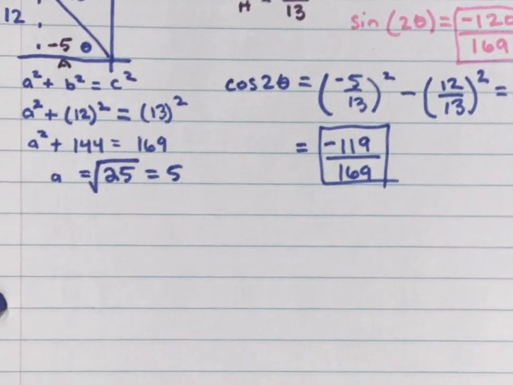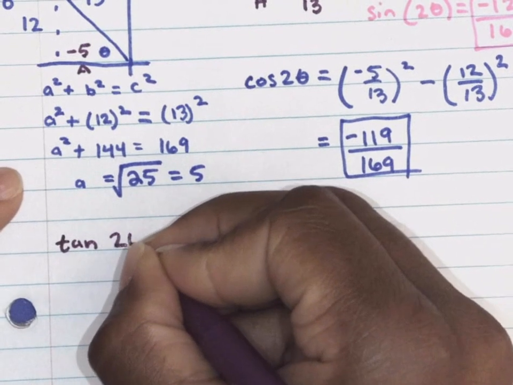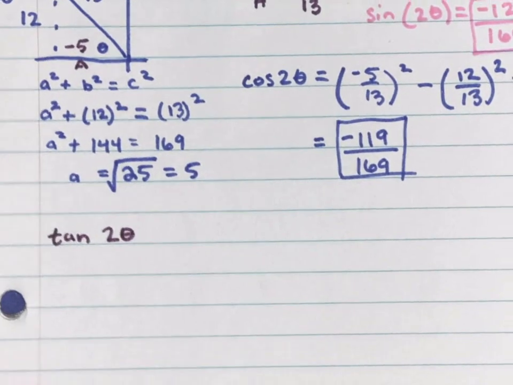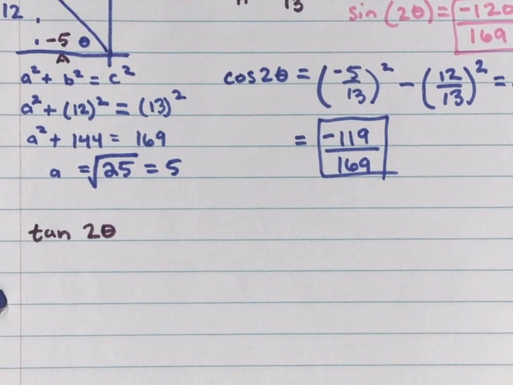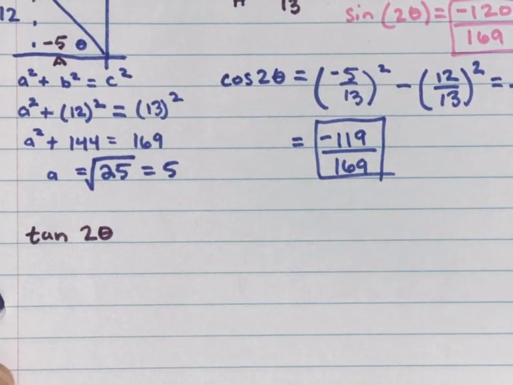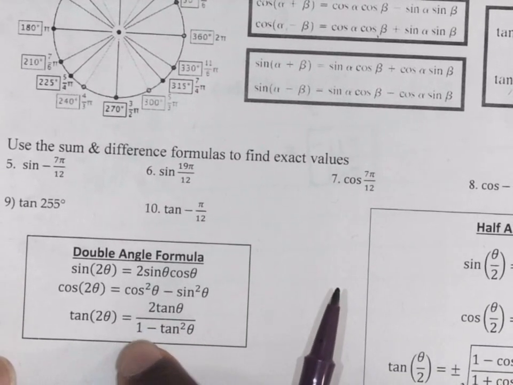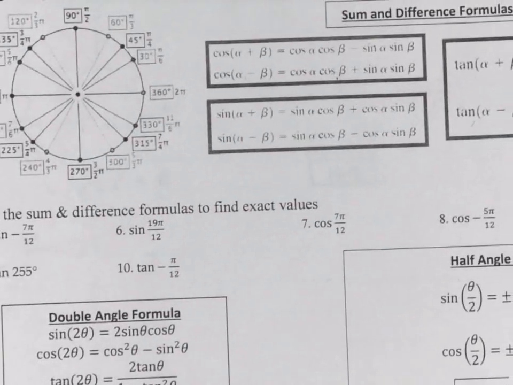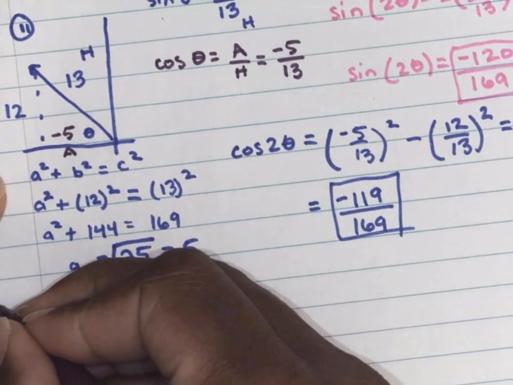Last one is tangent. Okay, and if you recall, we can do sine over cosine. If you want to do that, go ahead and do that. I'll do the formula for this one though. Tangent's formula is 2 times tangent divided by 1 minus tangent's exact value squared. So I do need to get tangent's exact value.